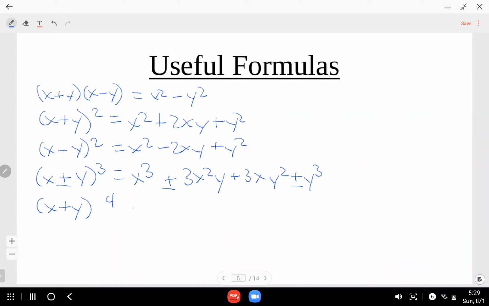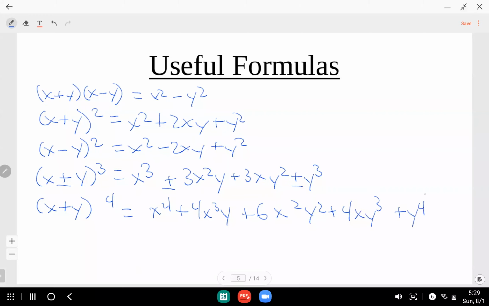Basically, it's x to the fourth plus 4x cubed y plus 6x squared y squared plus 4xy cubed plus y to the fourth. Pretty complicated. And this formula is actually derived from Pascal's triangle.